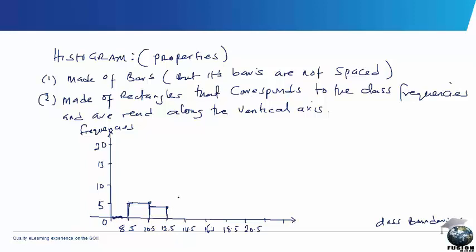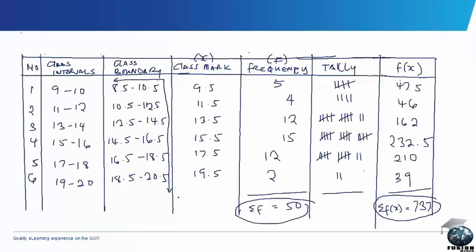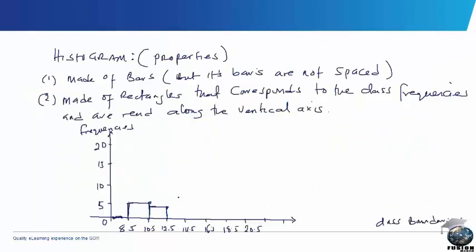And then the next we have are frequencies of 12, 15, 12. Okay, let me get that down to my memory. 12, 15, and 12. And 12 is from 12.5 to 14.5, and then I'll trace it down up to 12. 12 should be at this point.